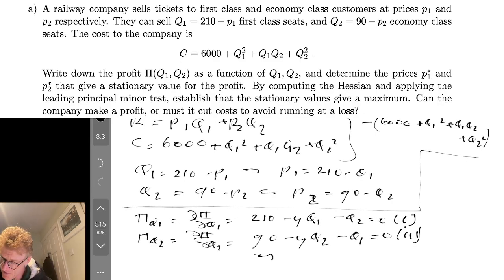So this gives us Q1 is 90 minus 4Q2. I'm not sure if it's handy, but we can put that in 1.